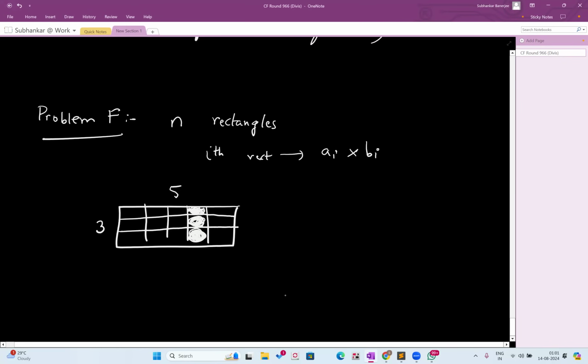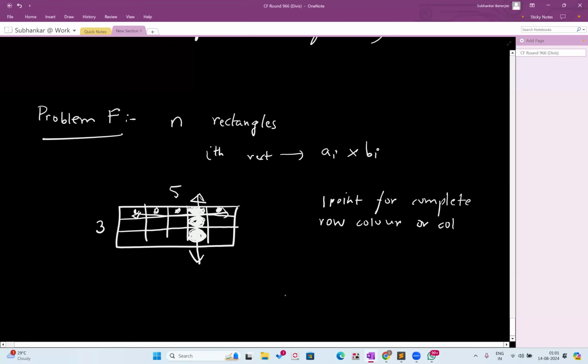And whenever I accomplish that I have colored a complete row, or if I have completed a total column, I get 1 point. 1 point for complete row color or column color.